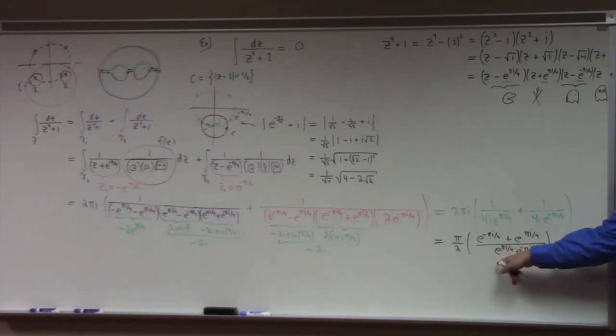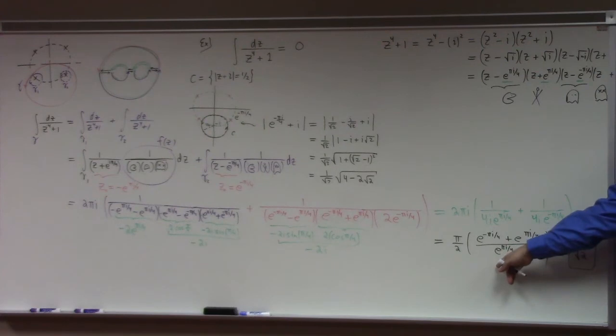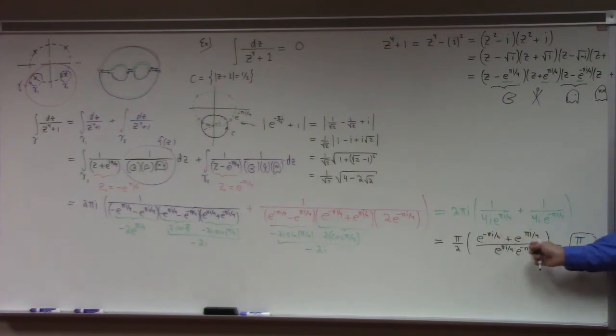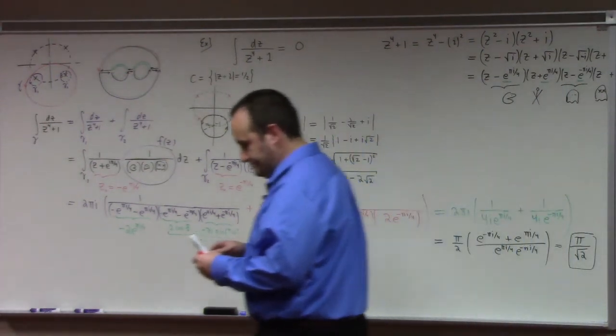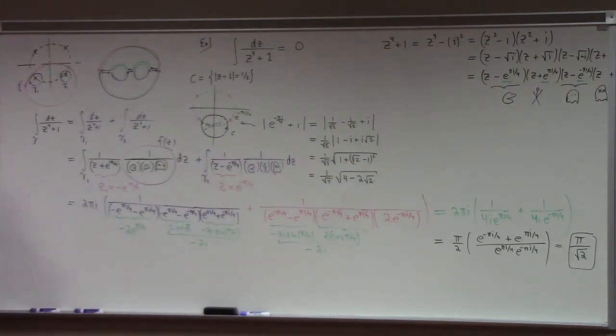See what I did? Of course, this goes to 1, right? And upstairs, you have twice the cosine of pi over 4, which is 2 divided by root 2. The 2's cancel, you get pi over root 2. That's good? Okay.